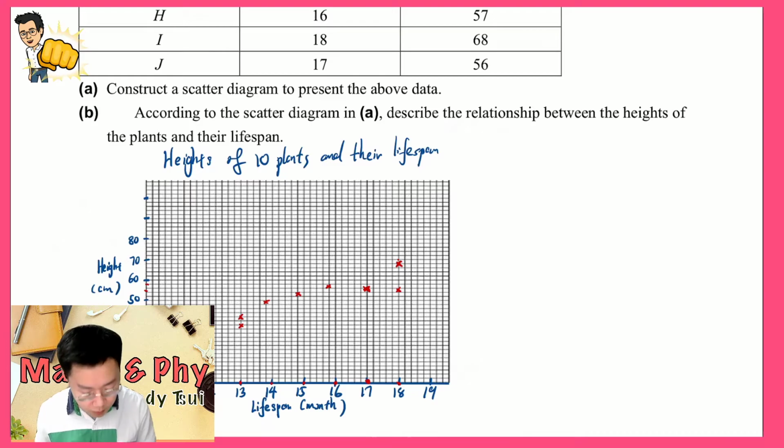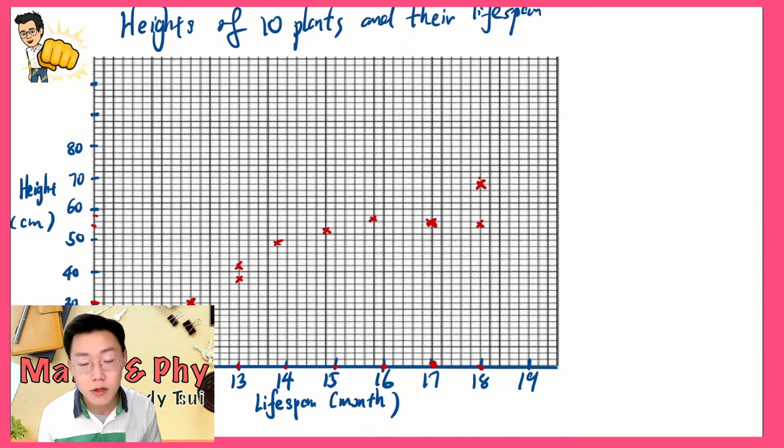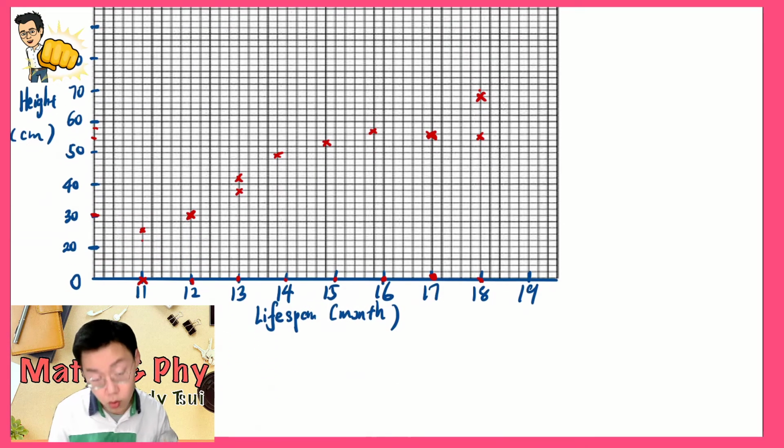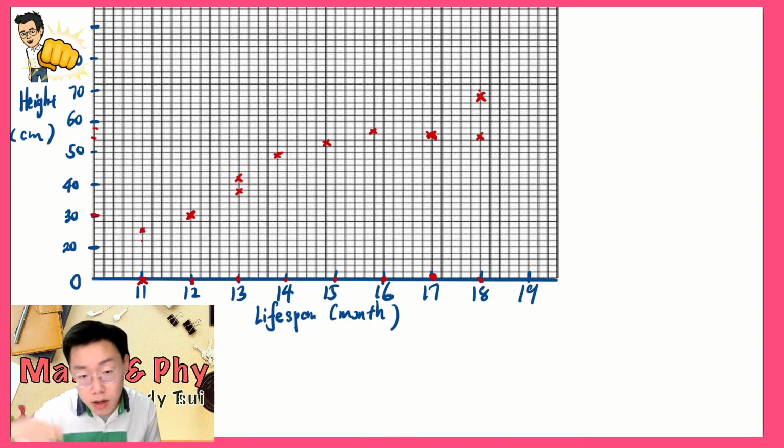So here you can see the relationship between the lifespan and the height. If you keep increasing the lifespan, the height of the plant also increases. The points become higher and higher for the points at the right hand side.